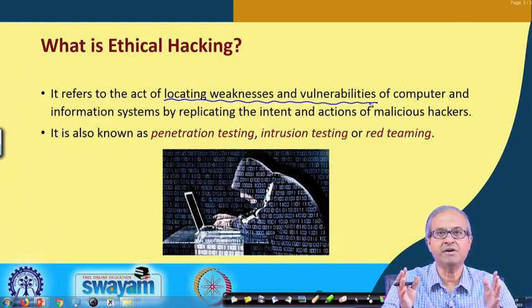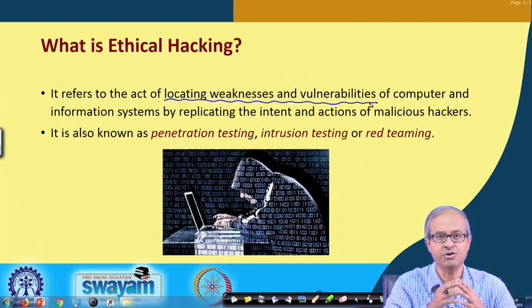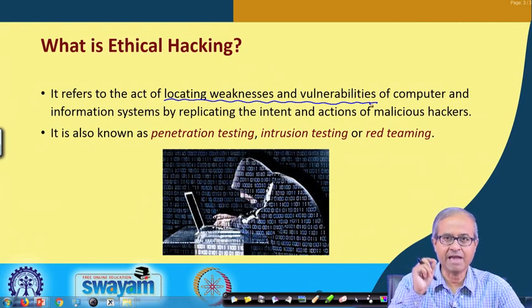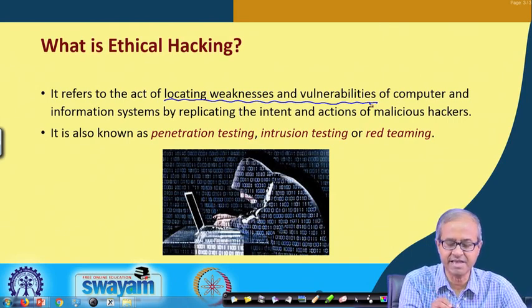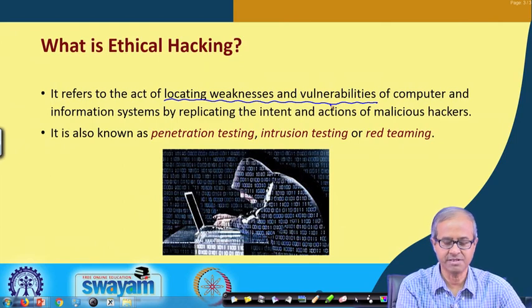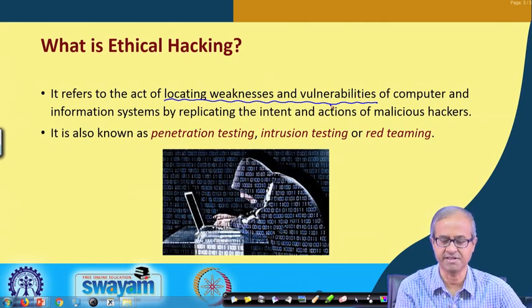Here you are trying to find out whether your infrastructure or network does have some weak points or vulnerabilities through which an actual hacker can break into your system, into your network. So, ethical hacking is the act of locating weaknesses and vulnerabilities in computers and information systems in general. It covers everything, it covers networks, it covers databases, everything.